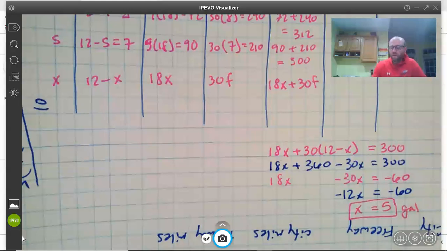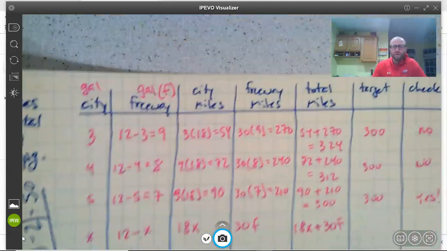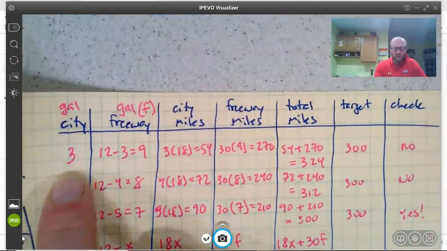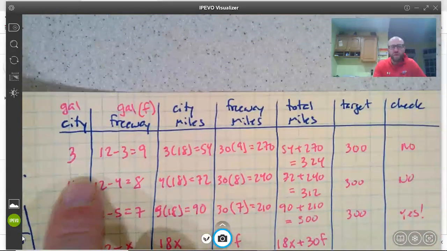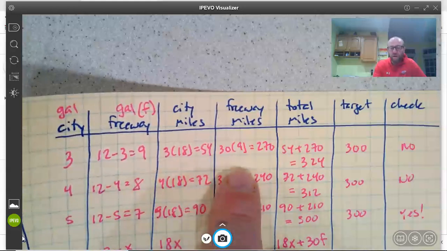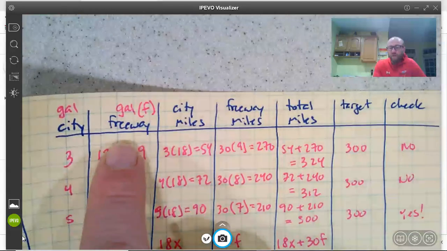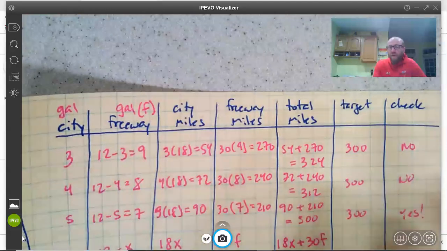All right, so again, we've gone through this process a few times. We'll just set up our guess and check table. We're going to guess at how many gallons we use in the city, and calculate how many gallons we use on the freeway. And from there, we can calculate city miles, freeway miles, and total miles. We could have flipped this around, and I could have guessed at freeway gallons and calculated everything else based on that.